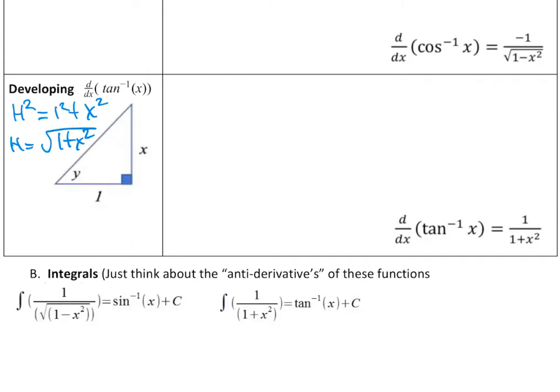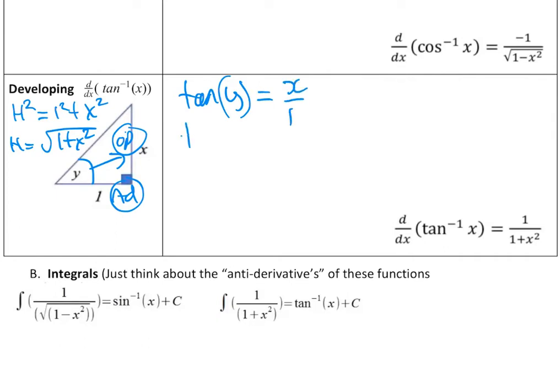So what I'm working with here is tan. So tan is opposite divided by adjacent. We know then that tangent of angle y equals x over 1. Really, tangent of y equals x.